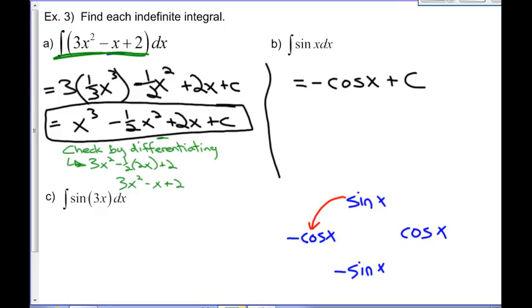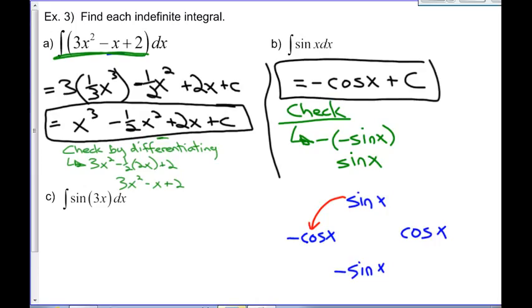Now we'll check. So let's see. If I differentiate negative cos x, it's going to give me negative. Derivative of cos x is negative sine x. And the derivative of c is 0. Gives me sine x. Great. We did it properly. This is our final answer.